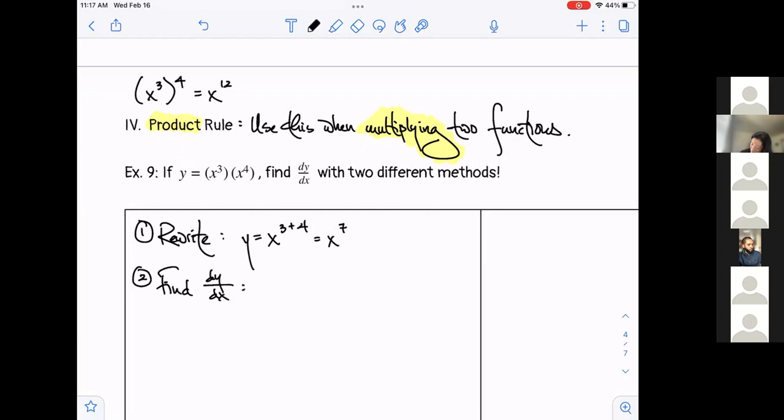Second step, find dy dx. Dy dx equals, what do we get when we take the derivative of x to the 7th? 7x to the 6th. Perfect. That's it. Okay. This problem, not hard to do when you simplify, right?